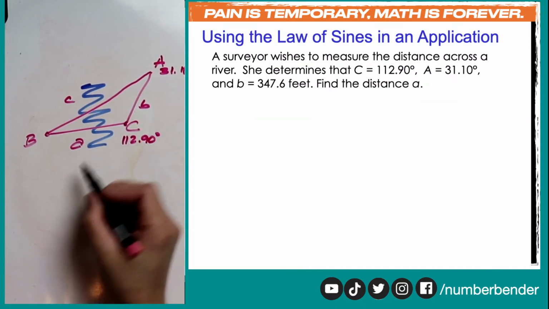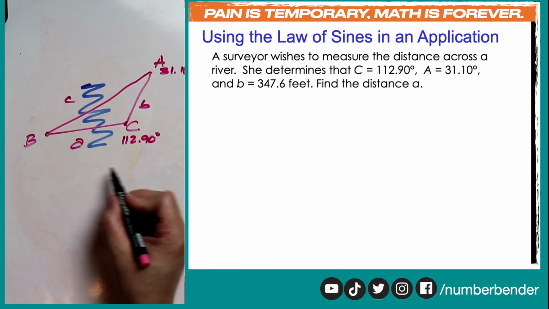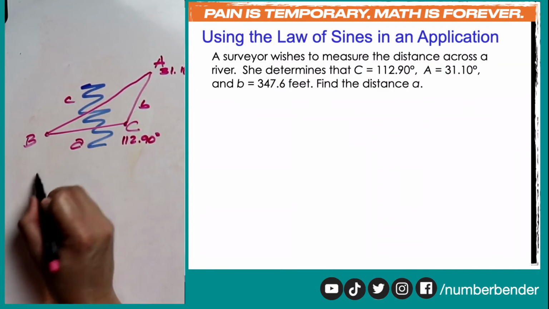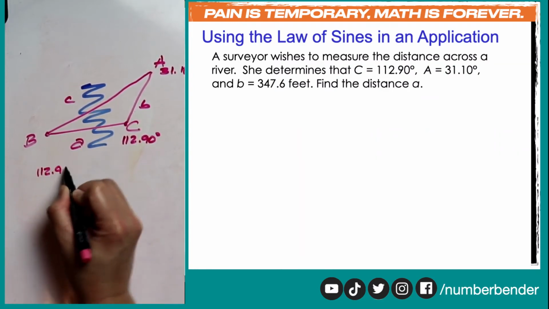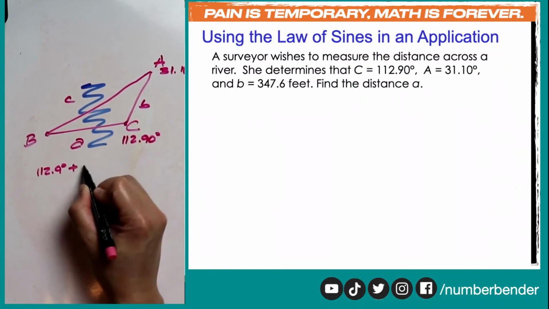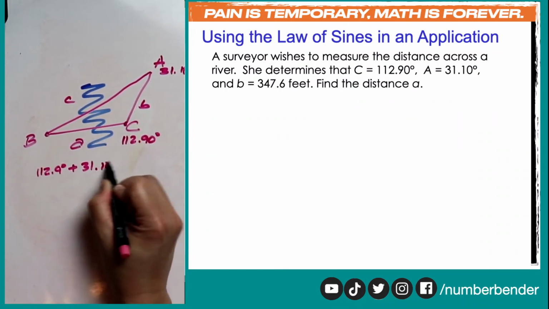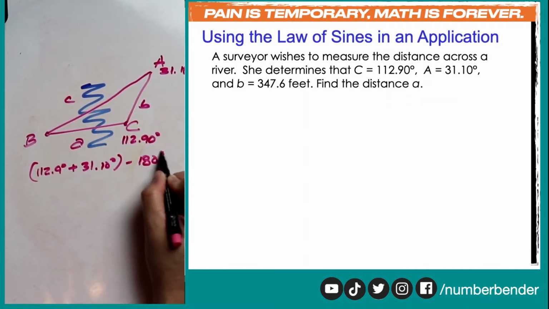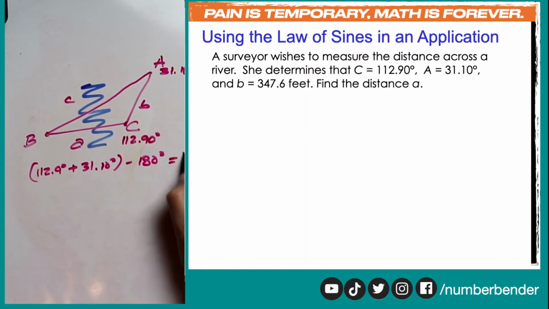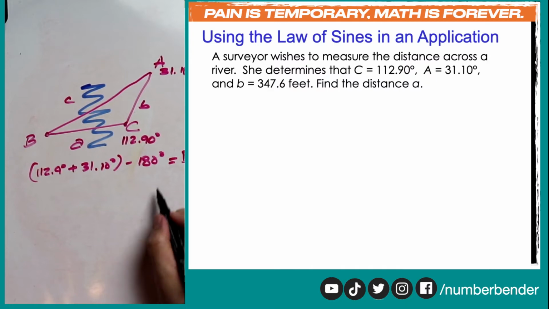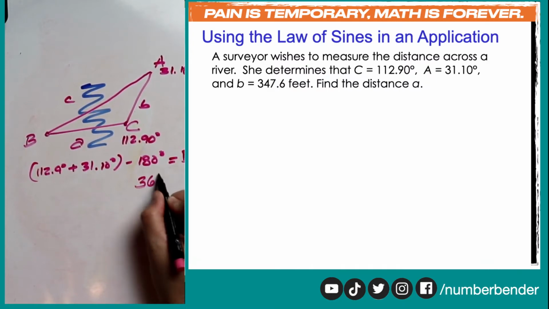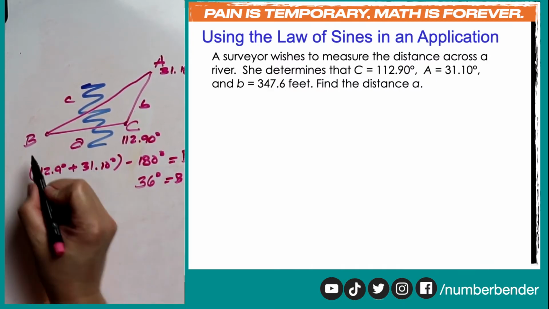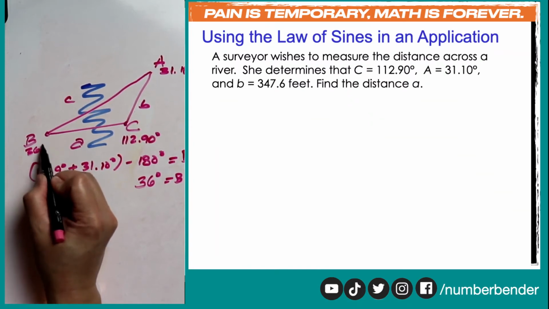And from that, we'll be able to produce the value of B. So we have 112.9 degrees plus 31.10 degrees, and if we subtract it from 180, it will be the measurement of angle B. In that case, it will equal 36 degrees. So now we have 36 degrees right here.